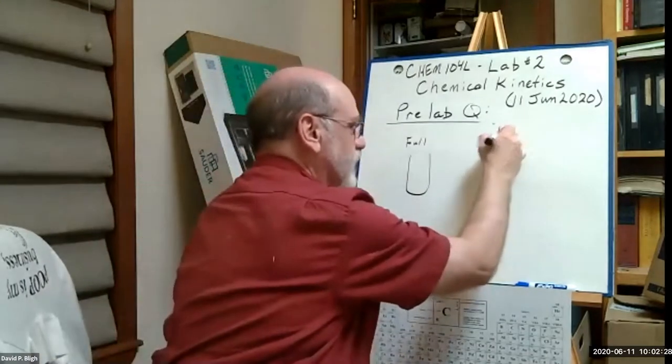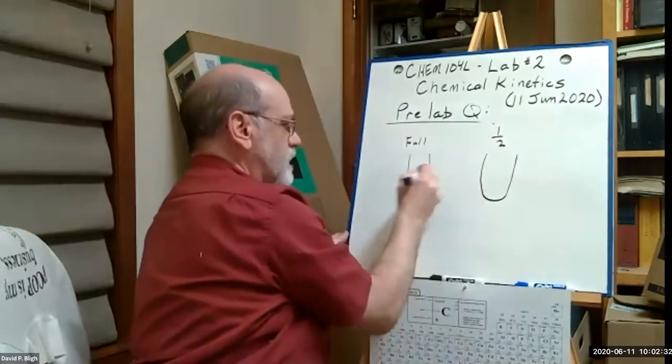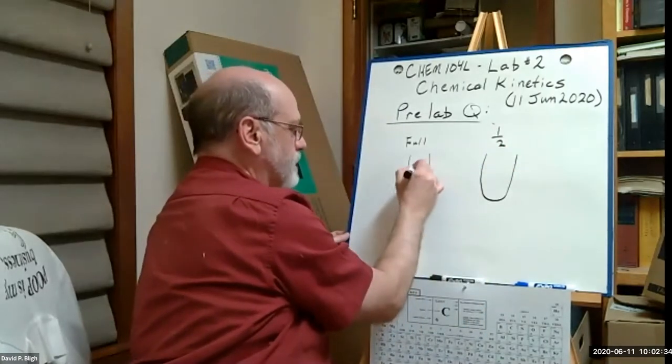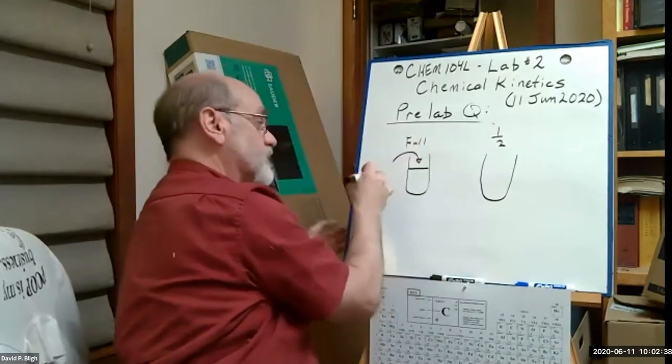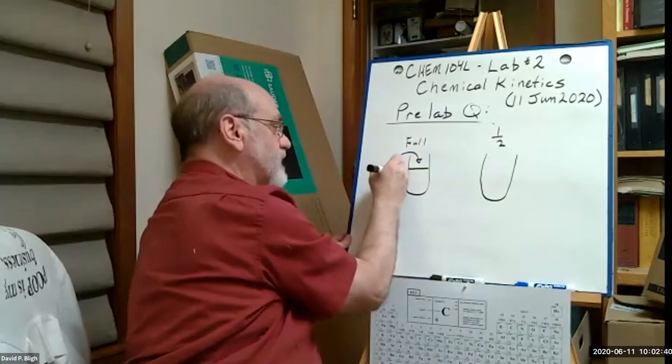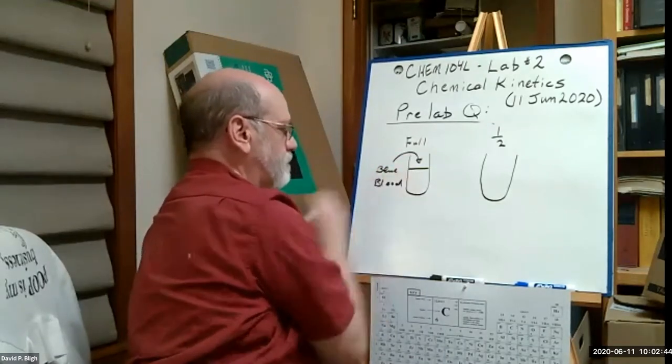With the half strength, you're going to have a certain amount. First, at full strength, you're going to have a certain amount of blue dye that you add and bleach. Right?